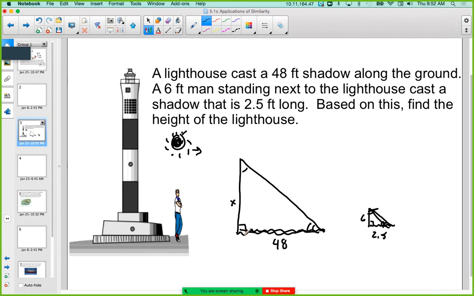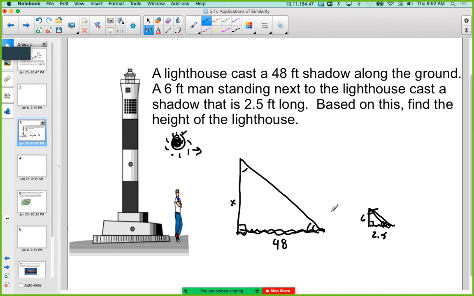Now, it's not always going to be how tall is something. You might end up doing one that says how far away is the shadow, how long is the shadow? You may do line of sight. You could say, what's the line of sight distance from the end of the shadow to the top of the lighthouse?